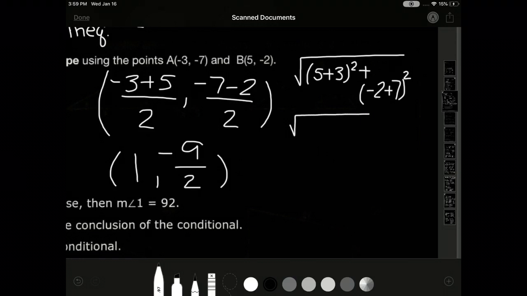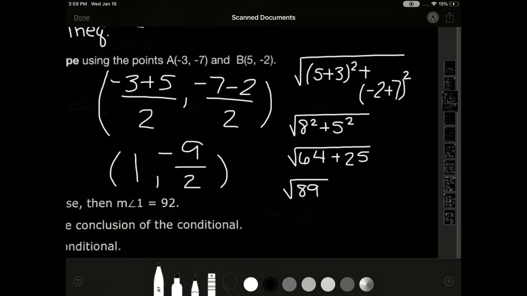So if we simplify that, we have 8 squared plus 5 squared. And when we square 8, we get 64. When we square 5, we get 25. And 64 plus 25 gives us the square root of 89. And at that point, we can go ahead and see if we can simplify that. But at that point, this is what you'll end up with.